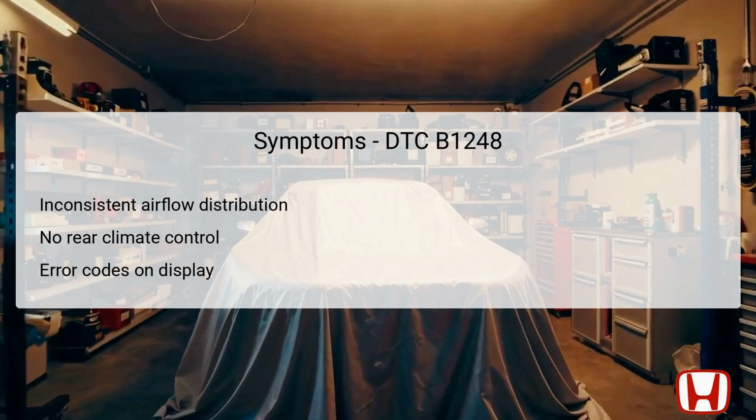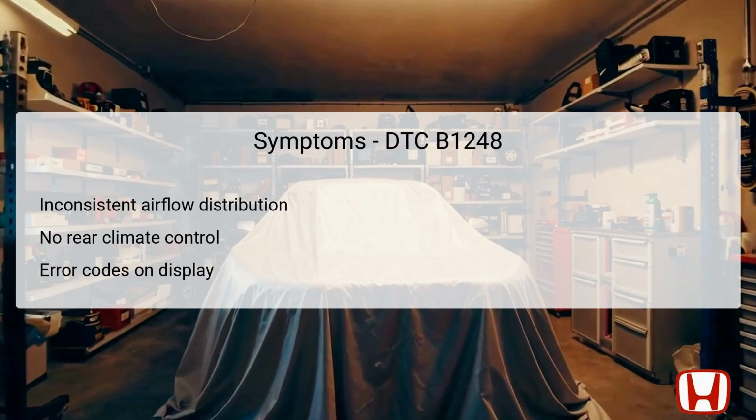Symptoms associated with DTC B1248 include inconsistent airflow distribution in the rear cabin, making it challenging for passengers to maintain a comfortable environment. A malfunctioning rear mode control motor may result in no airflow reaching the rear seats at all, potentially leaving passengers uncomfortable.